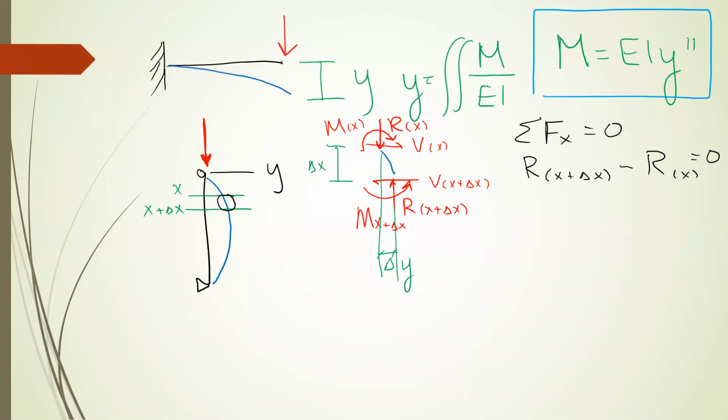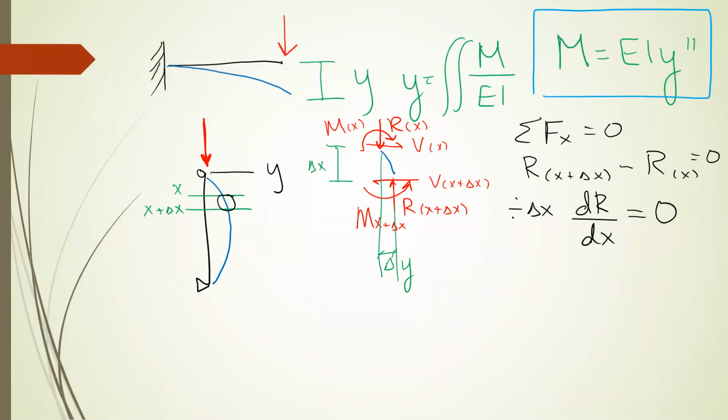So what I can see from this is that the vertical force is equal in both cases. And if I divide by delta x, this turns into dR dx, right, as delta x goes to 0. So not only are the two forces equal, the rate of change of the force is equal.